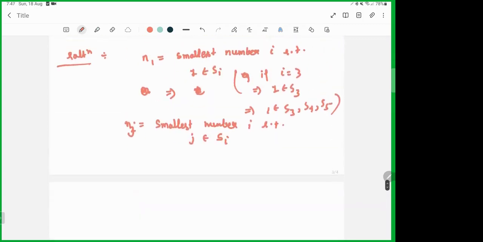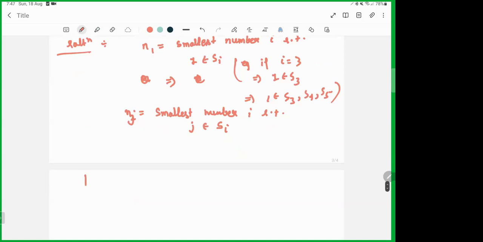So what are the possible choices for Nj?